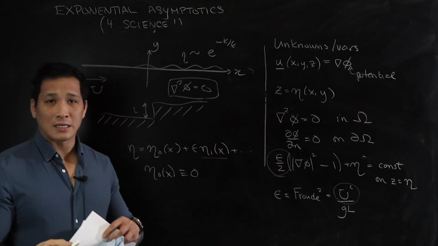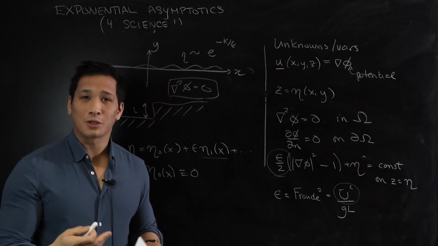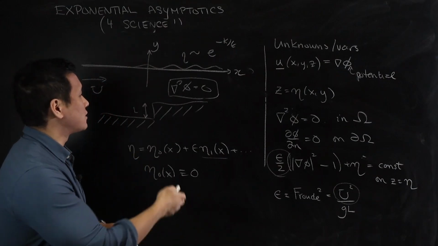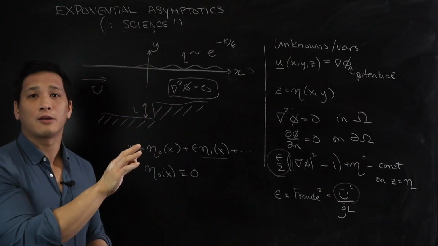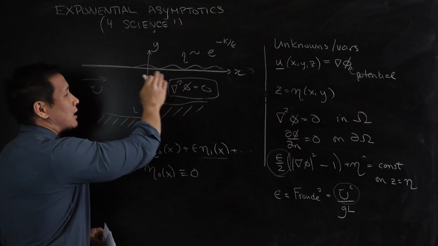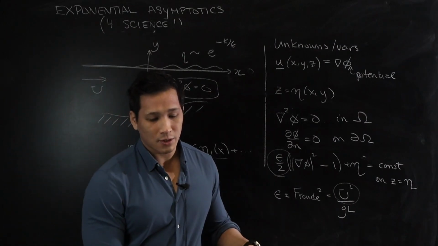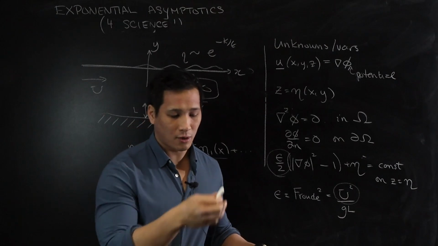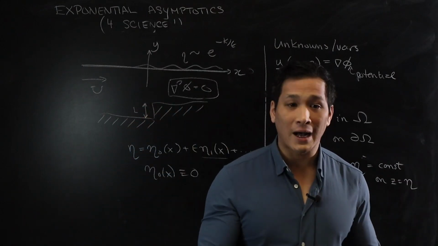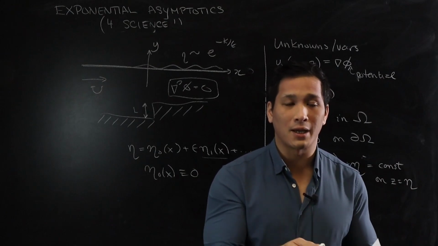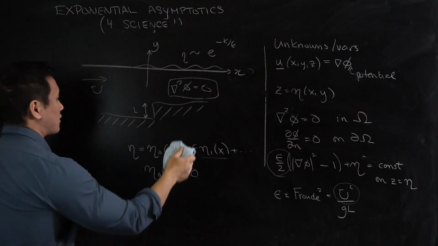For a lot of these potential flow problems, through the magic of complex variables, there's a way of reducing the problem from a PDE that you have to solve within the entire domain to an ODE and an integral equation along the free surface. This is similar to how you would use contour integration or Cauchy's formula to relate the value of a function within a domain to its value on its boundary.